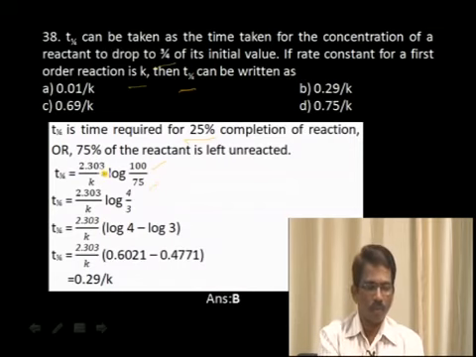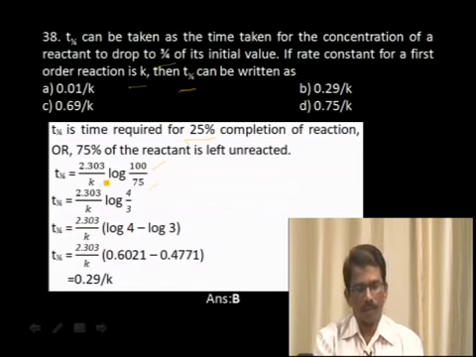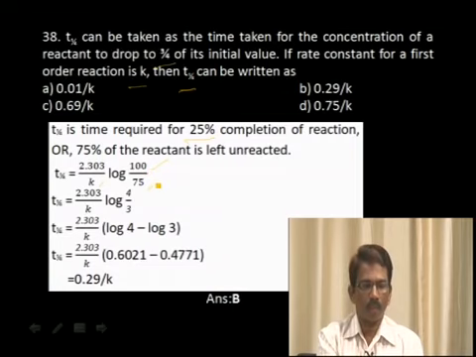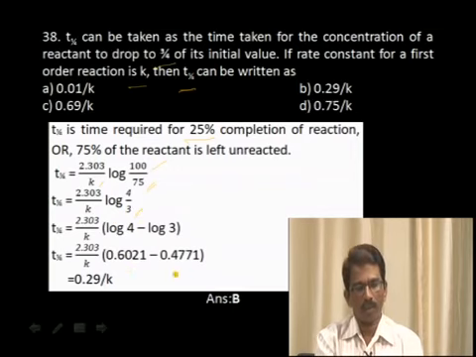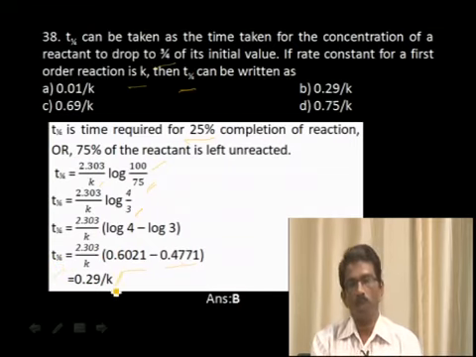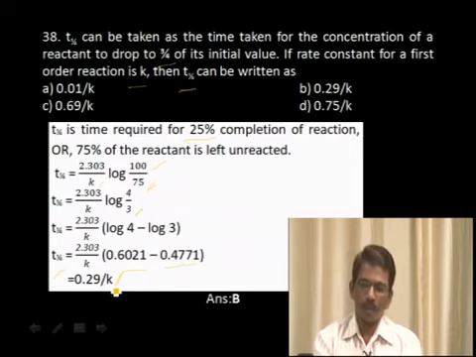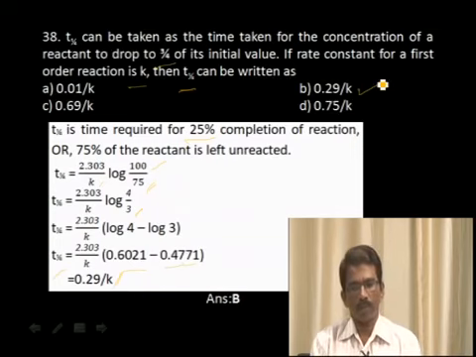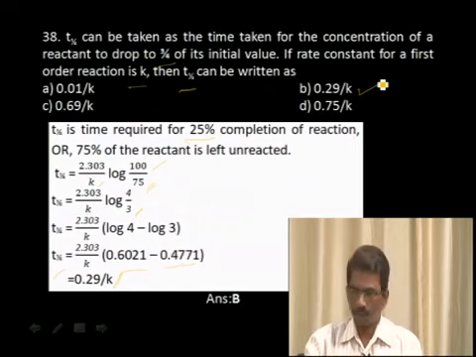So T1/4 becomes 2.303/K log 100/75, that is 2.303/K into log 4/3. Log 4 is 0.6021 and log 3 is 0.4771, and if you subtract this and multiply, you would get the relation T1/4 is equal to 0.29 divided by K. Obviously the correct answer becomes option B.